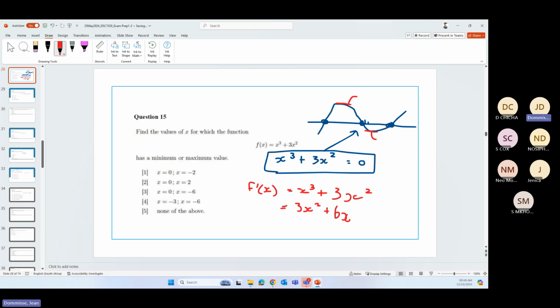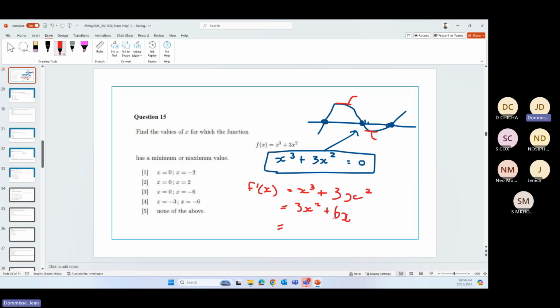Okay, so just wanting to show you the difference, because you might even get in this one zeros and a 3, so luckily it's not there. But just remember, when you put it just equal to 0, then you're actually working out every place where it actually crosses the x-axis. When you differentiate, that is when you get the minimum and the maximum numbers.